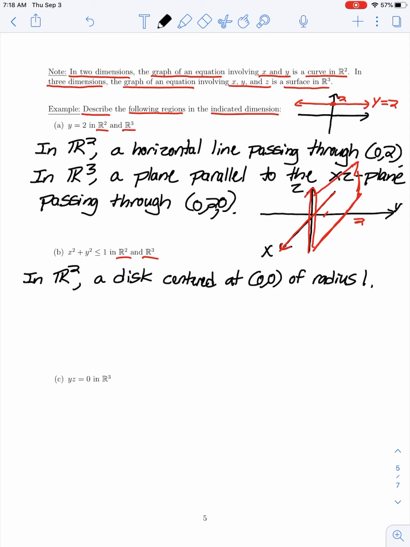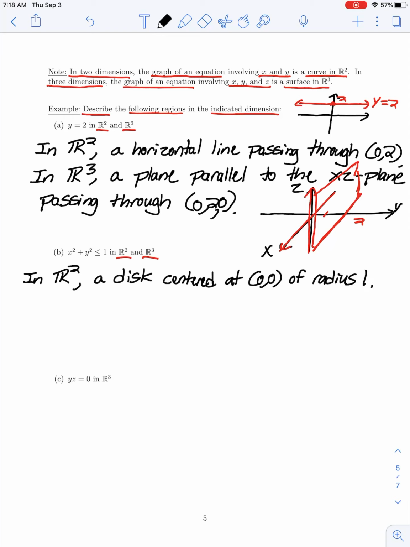So if we think about our inequality, if we were to look at the equation x squared plus y squared equals 1, that would be defining a circle centered at the origin of radius 1. And since this is an inequality, x squared plus y squared is less than or equal to 1, we would be looking at all points xy on circles of radius less than or equal to 1. So we would be considering everything inside of that circle, which would give us a disk.